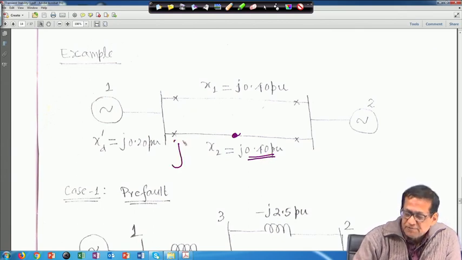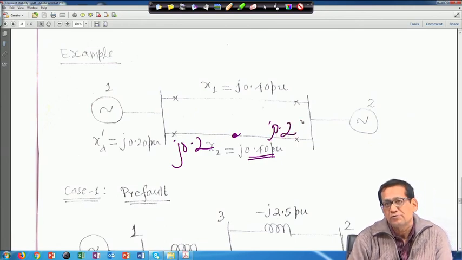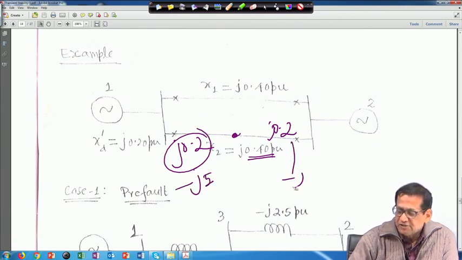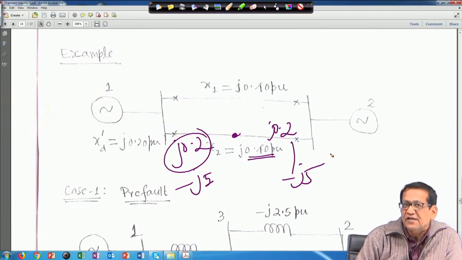So this side it will be 0.2 and this side also it will be 0.2. When we represent it by admittance, this will be minus j5 and this side also will be minus j5 per unit.